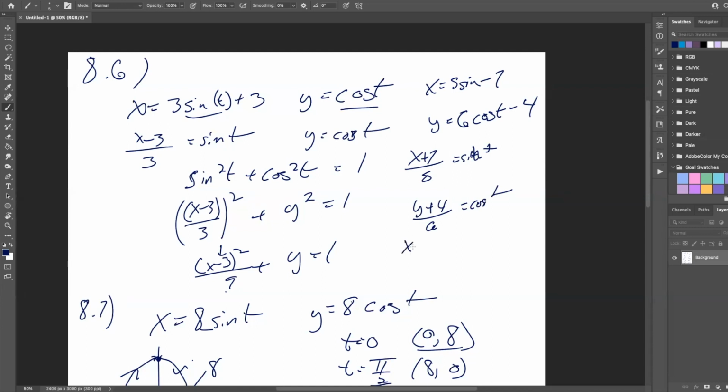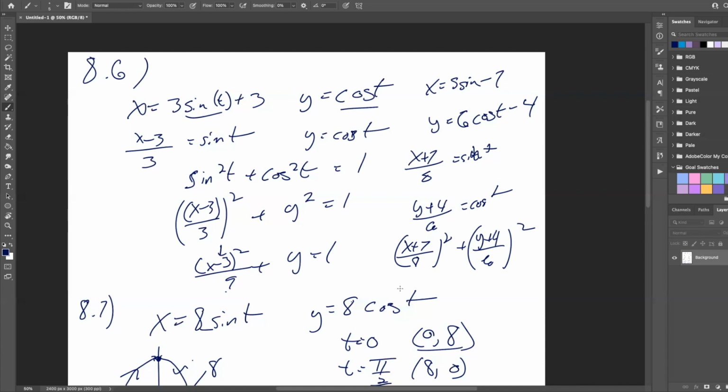And so here you'll have x plus 7 over 5 squared, just plugging it in, plus y plus 4 over 6 squared. Here you have one that's been shifted both horizontally and vertically. So the same thing for that. That should be able to get you through these two trouble problems.